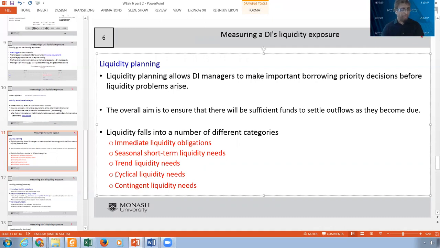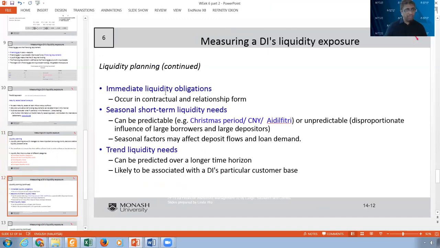And in depression and slow economy, it will be a different type of saving behavior and withdrawal behavior, which is deposit additions and deposit withdrawals. And we have contingent liquidity needs, and this is the most difficult thing actually to predict.